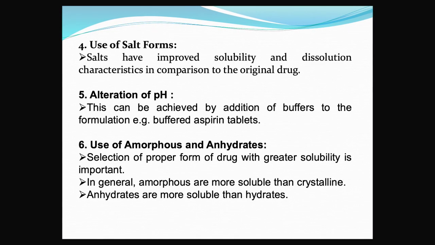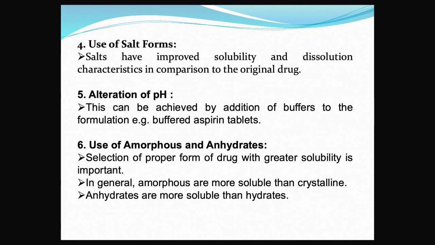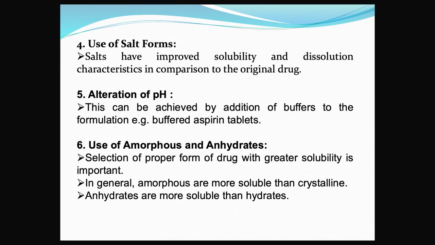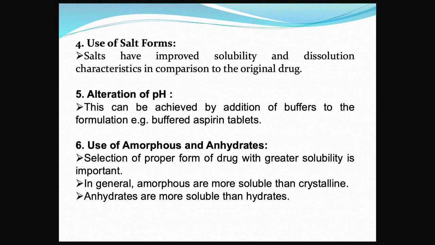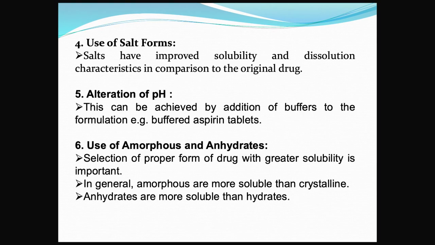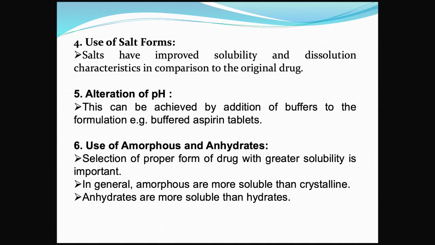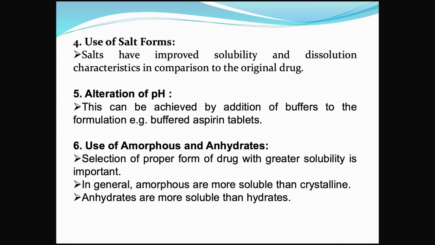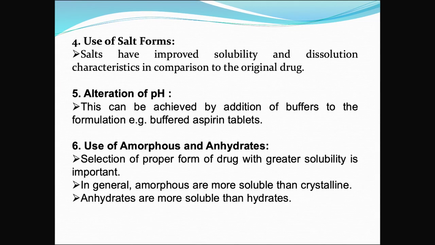Analyze how we can bypass the dissolution bottleneck by converting a drug into its salt form, which effectively lowers the lattice energy and makes the molecules significantly more compatible with the aqueous solvent. By incorporating buffers directly into the formulation, we can control the microenvironment pH, ensuring the drug maintains its optimal solubility profile even when physiological conditions vary.